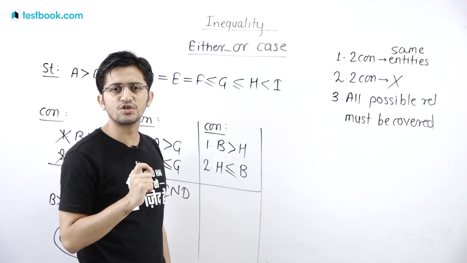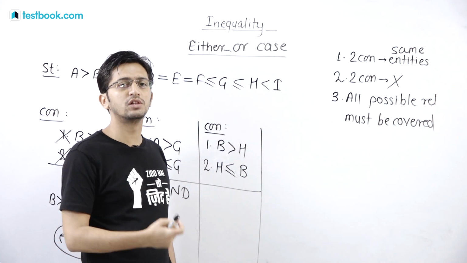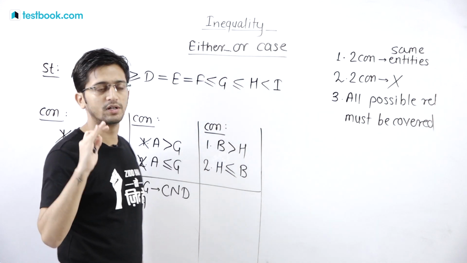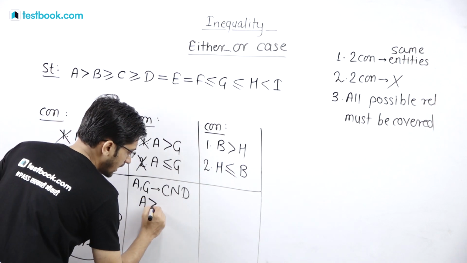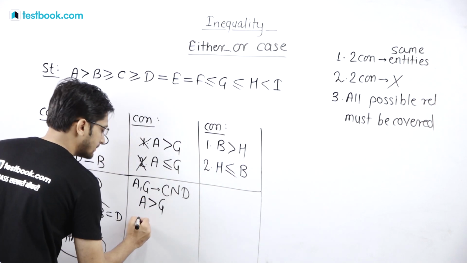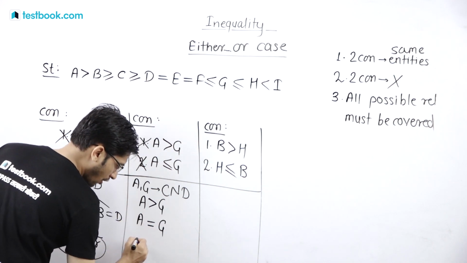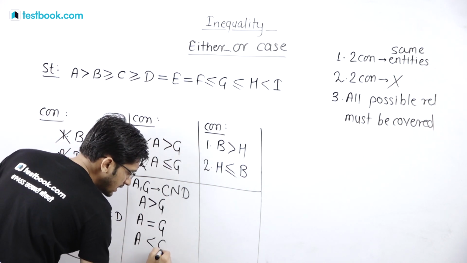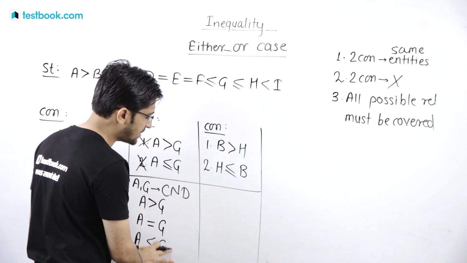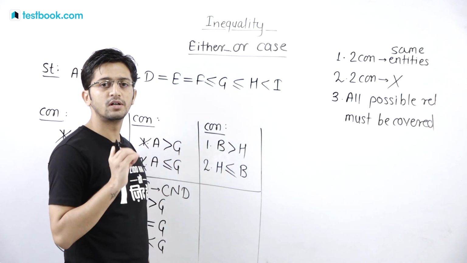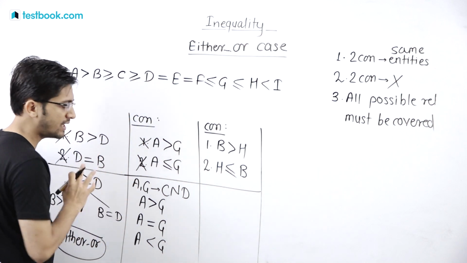And all the relations means what? The 3 possible relations. A might be greater than G, or A might be equal to G, or A might be less than G. These are all the possible relations that can exist between A and G.